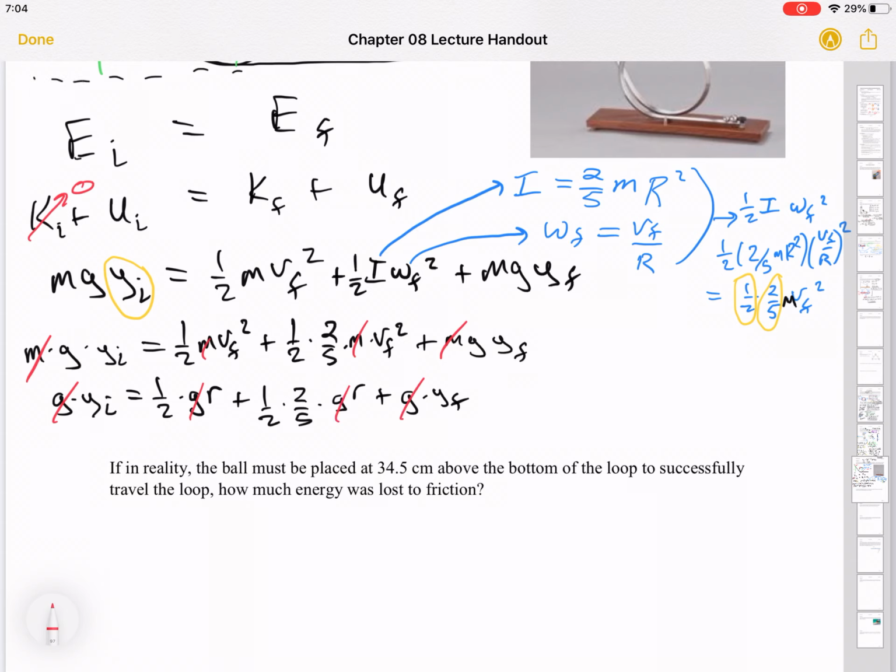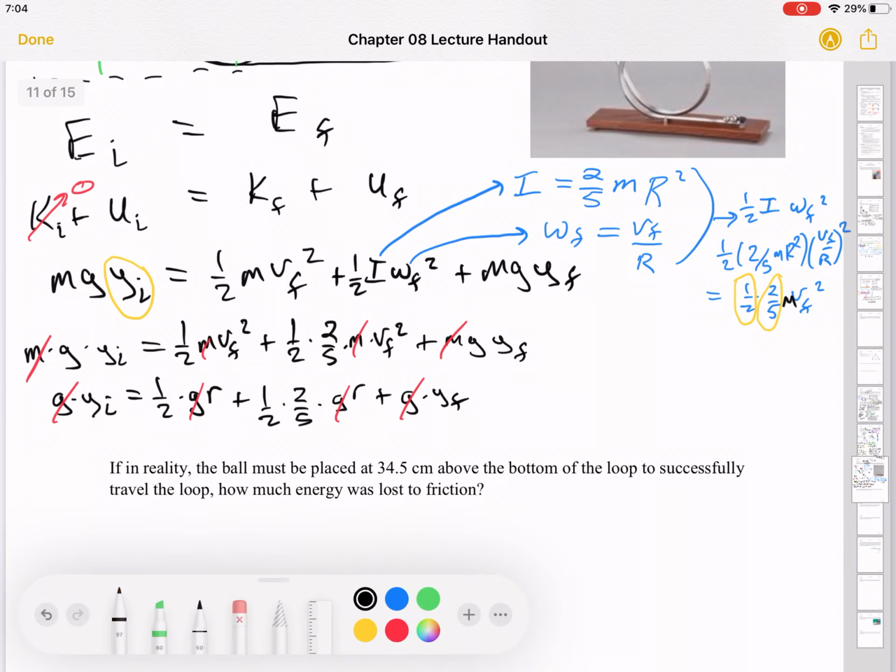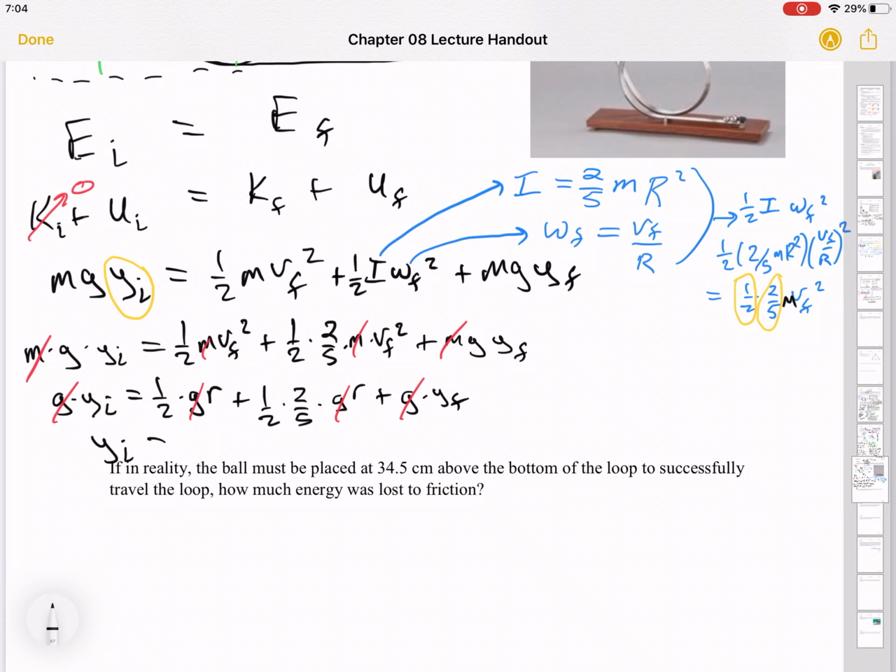So the planet doesn't even matter. The time this will take depends on G, but the actual starting height, G doesn't matter. Now, that's if we don't include friction, so I expect this to change if we did. Okay, one more line. So Y initial equals half times R plus half times 2/5 times R plus Y final.